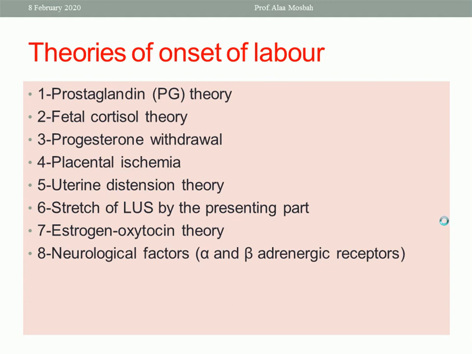Alpha is associated with uterine contraction and beta adrenergic receptors for uterine relaxation. So alpha receptor dominates at the end of the pregnancy and causes start of labor.